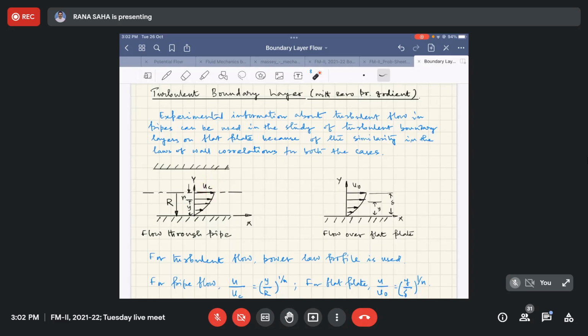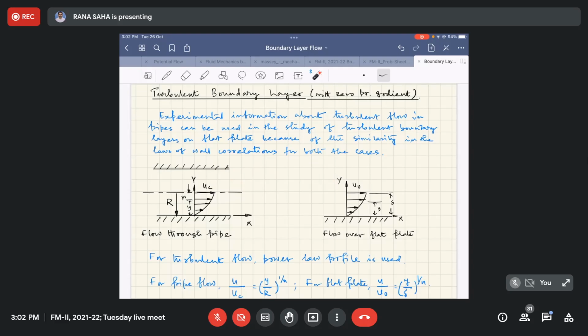This is analogous to this U0, the velocity just beyond the boundary layer thickness delta.